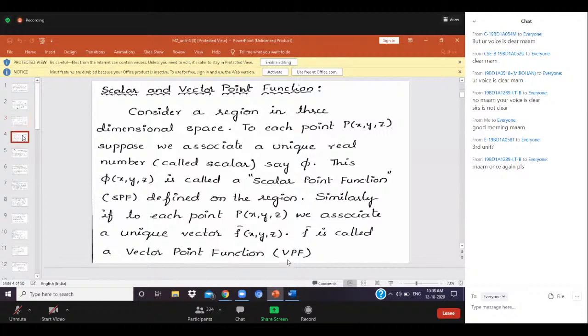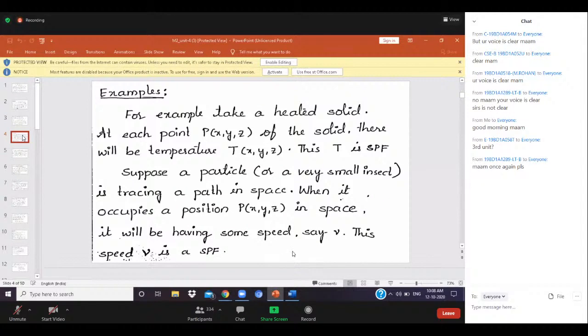We have some examples also here. Suppose we take a heated solid. At one point P of x comma y comma z, there will be a temperature. That temperature is a scalar, so it is a scalar point function. And suppose a particle is moving in space.